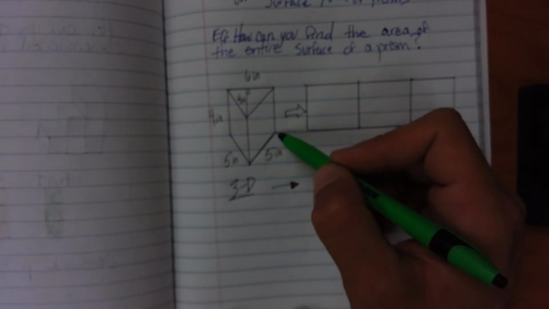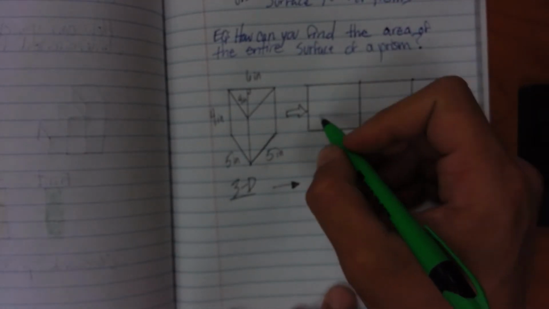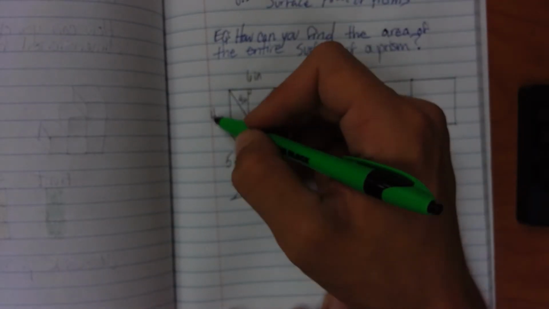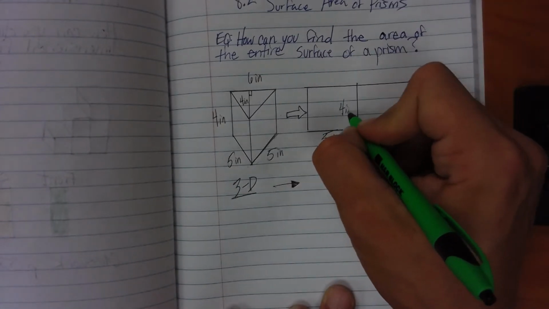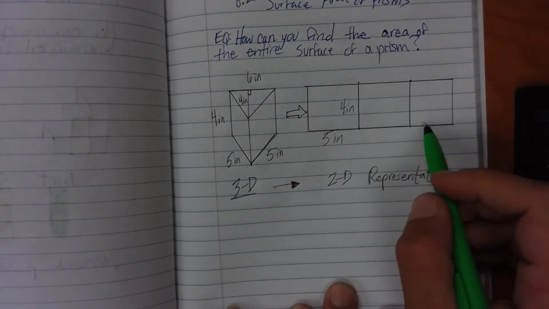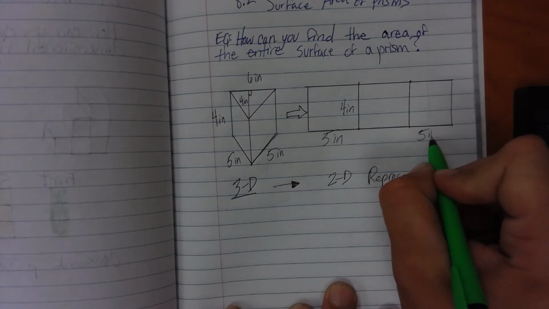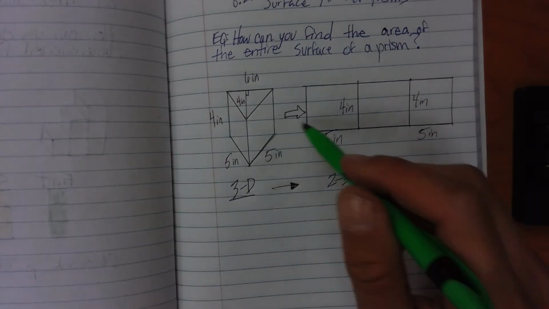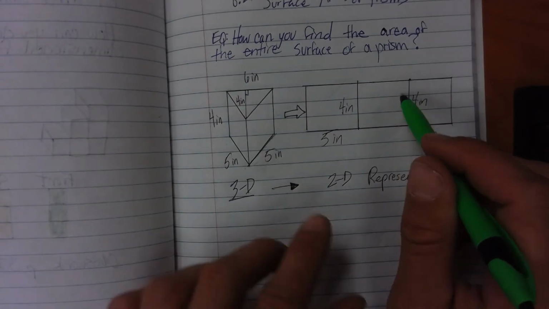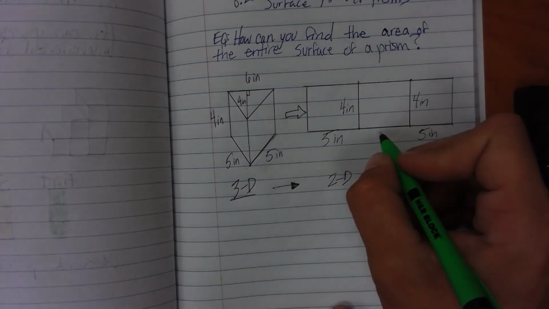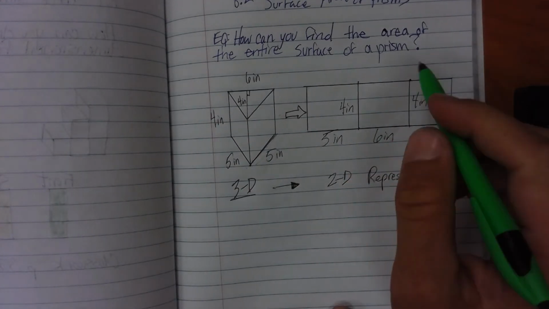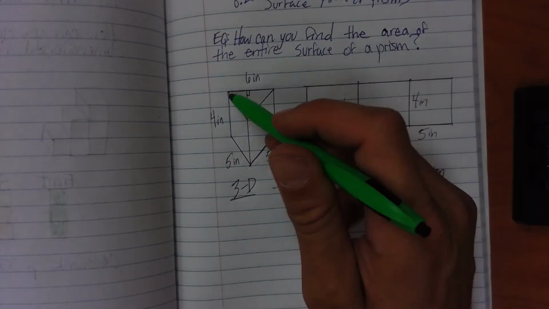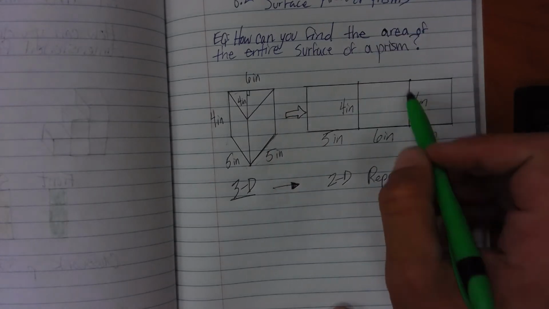This one is 5. And we'll call right here 5 inches. How tall is it? You see it's 4 inches. So 4 inches. That's the same here. 5 inches by 4 inches. Now I have my triangles. They're attached to this center one, or this is the side we can't see, and we know that this is 6 inches. And then it has the height of 4.